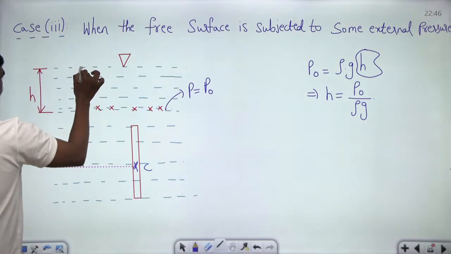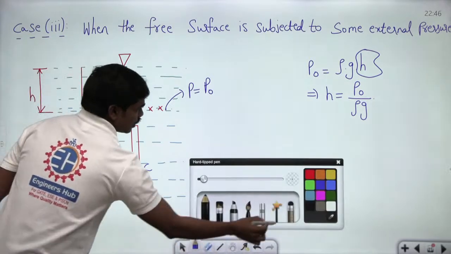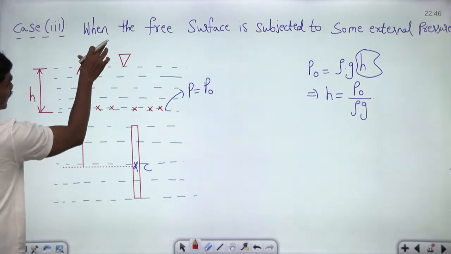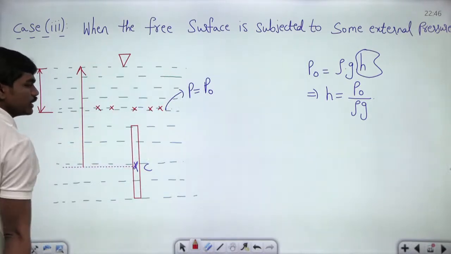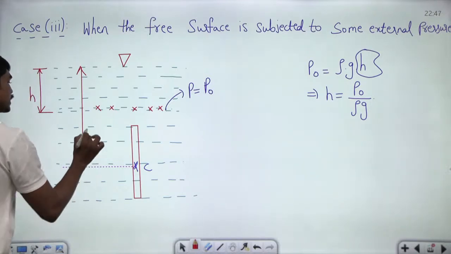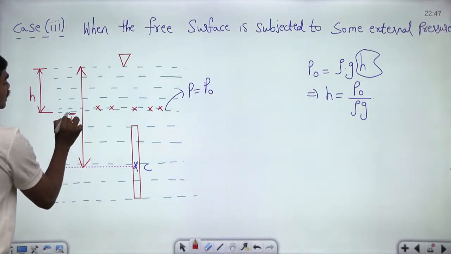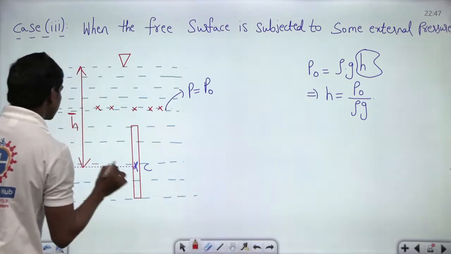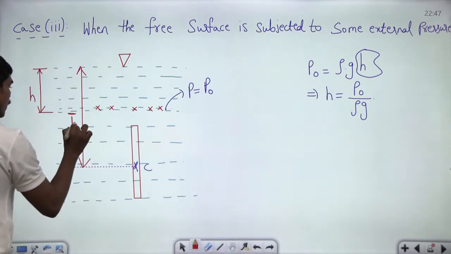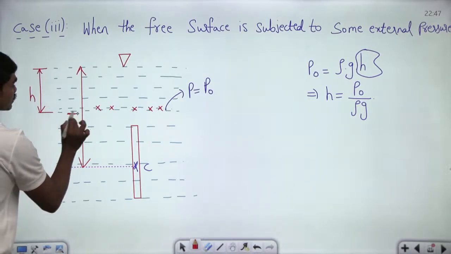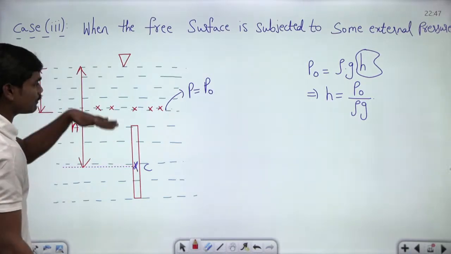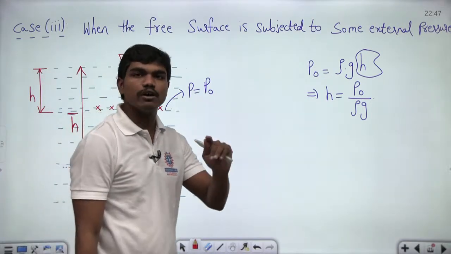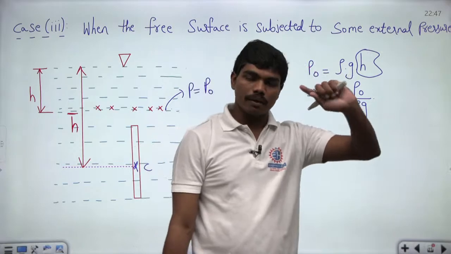If you measure H bar from this location, then undoubtedly all your previous derivations are valid again, because here again the pressure is atmospheric and one side you are leaving to air. So H bar will be something like this: the depth of this centroid from this free surface. Clear? All the derivations you have done till now are valid only when the free surface pressure is atmospheric pressure.